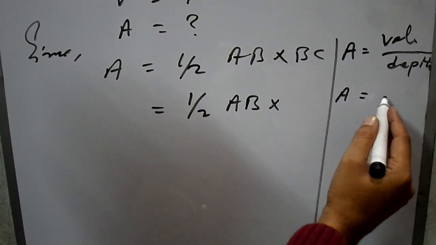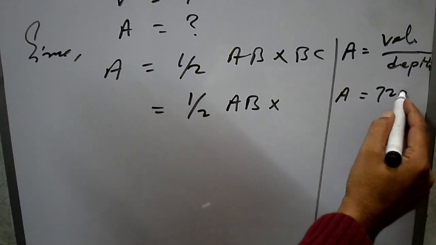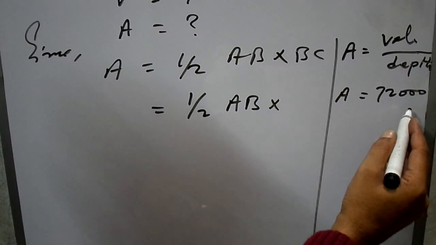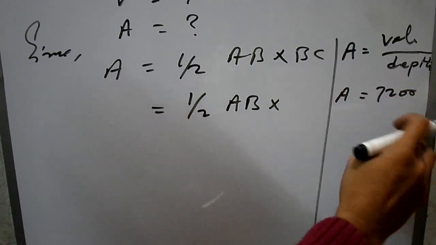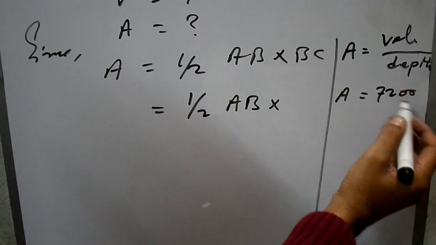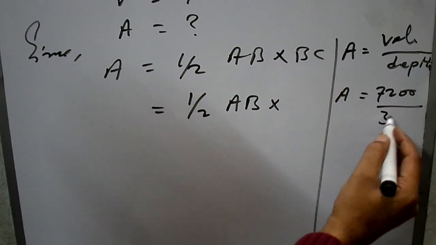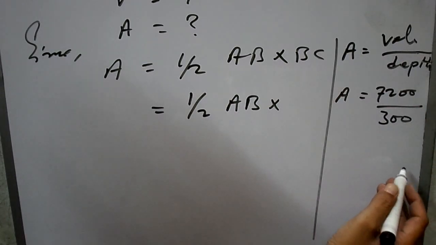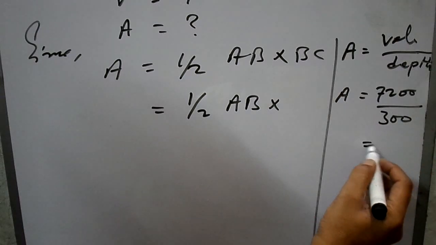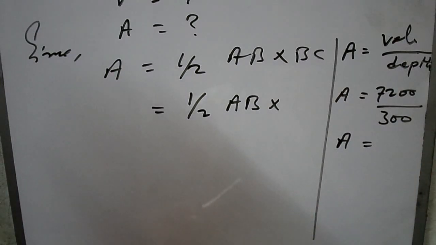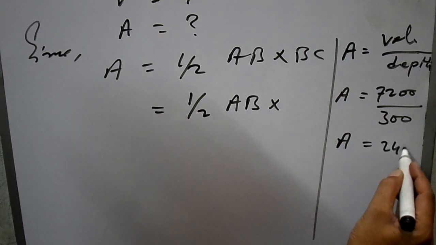For example, volume is given to us, that is 7,200, divided by what is its depth? Depth is 300 centimeters. So by dividing these two, you can find the area. So that is equal to 240.